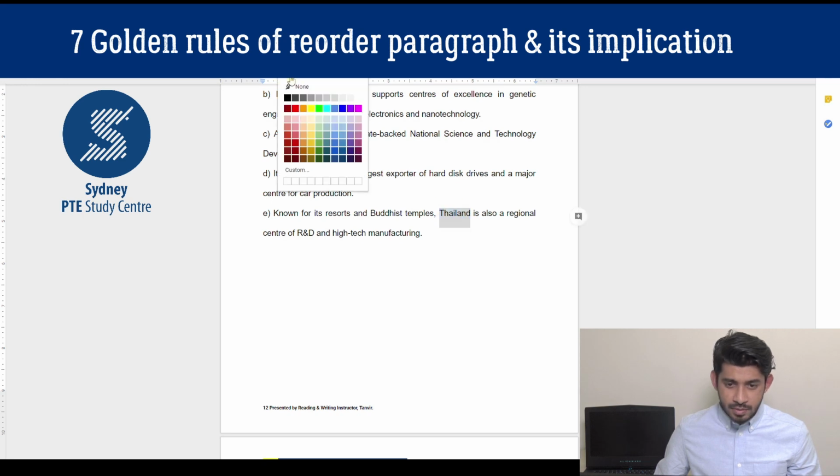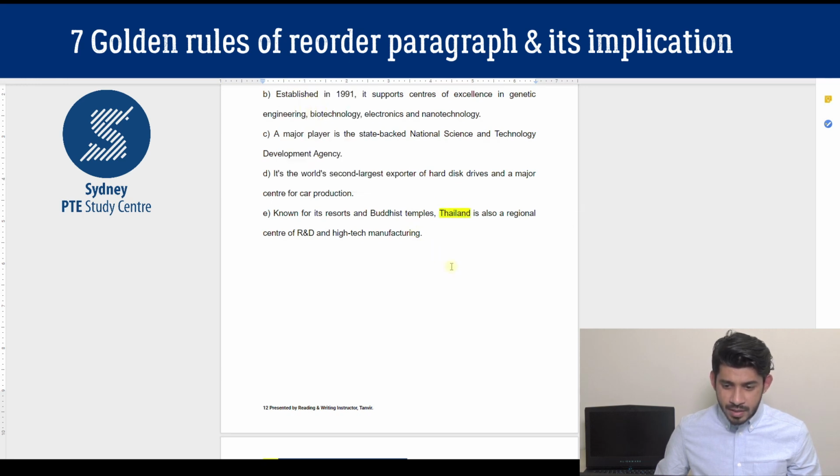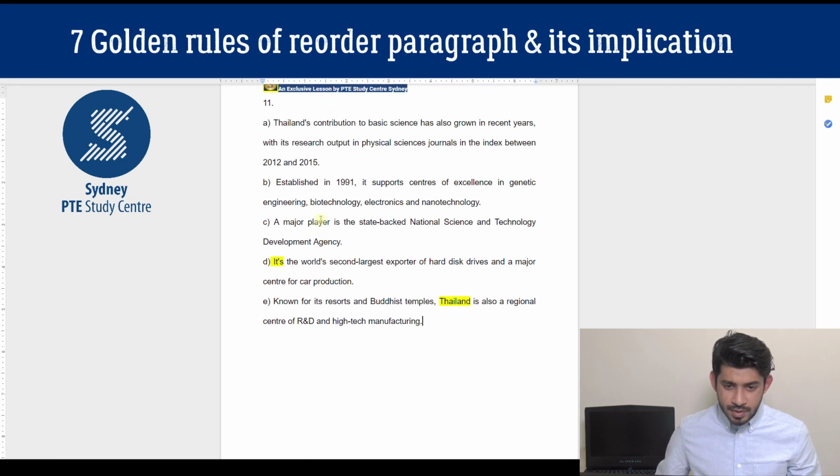So I highlight that. And then Thailand is being referred to as it by a pronoun. It's the world's second largest exporter. So I've got two clues between these two sentences, and about the other two I should be able to find out some clues. Look at this, science and science.